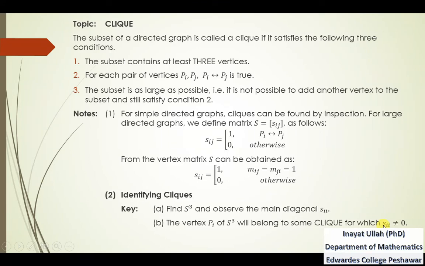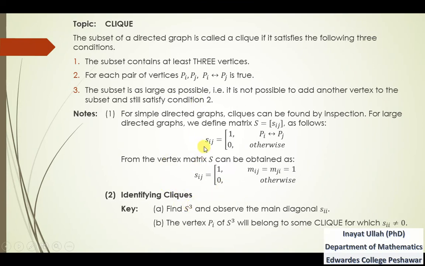If S22 is not 0, then P2 will belong to some clique. If S33 is not 0, then P3 of S cube will belong to some clique. So that is the criteria to identify the cliques.